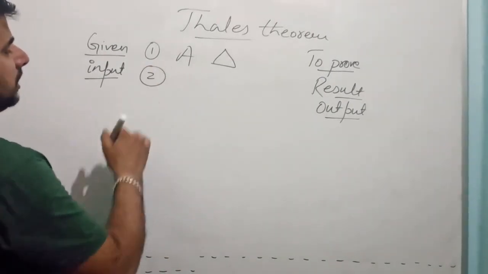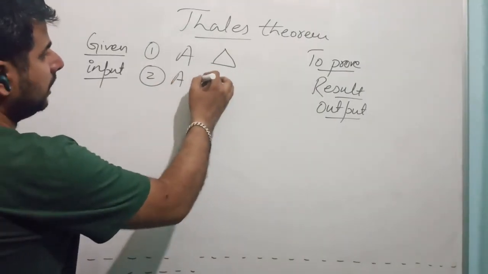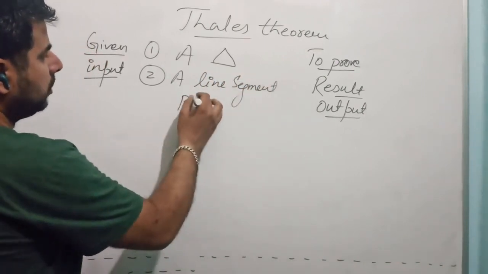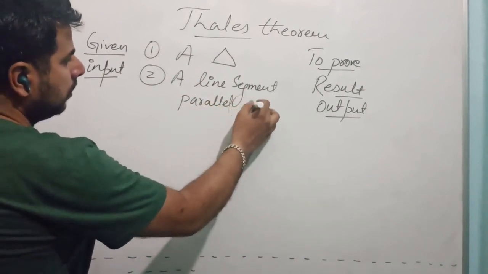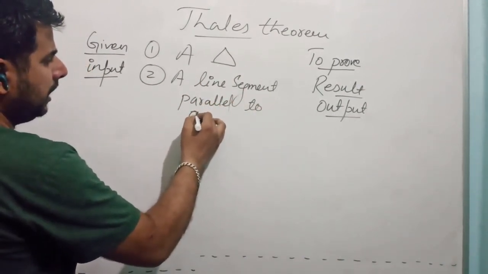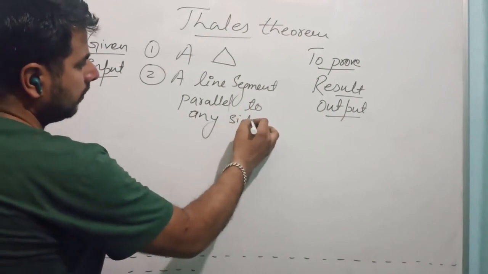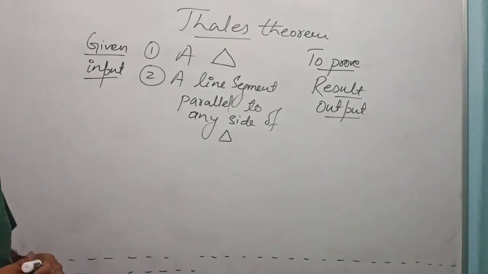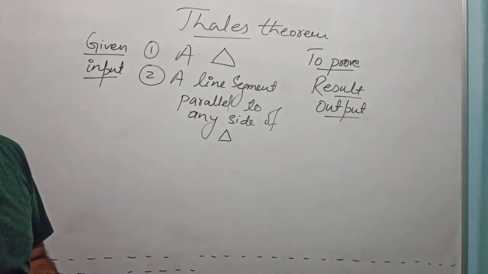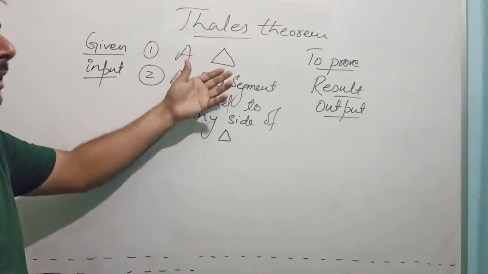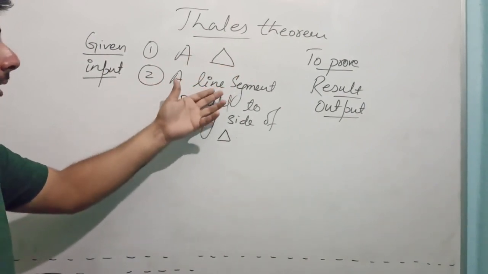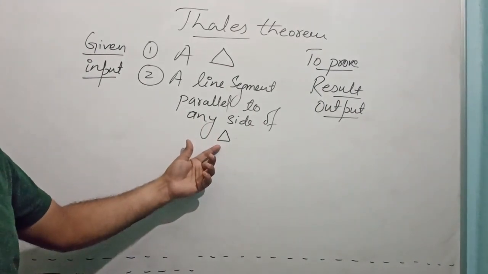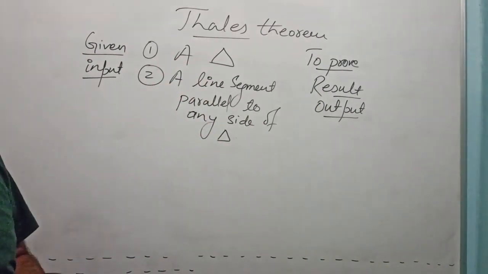And the second is a line segment parallel to any side of the triangle. So these are the two givens. The first, a triangle we need, and the second, a line segment which is going to be parallel to any side of the same triangle that we have taken first.